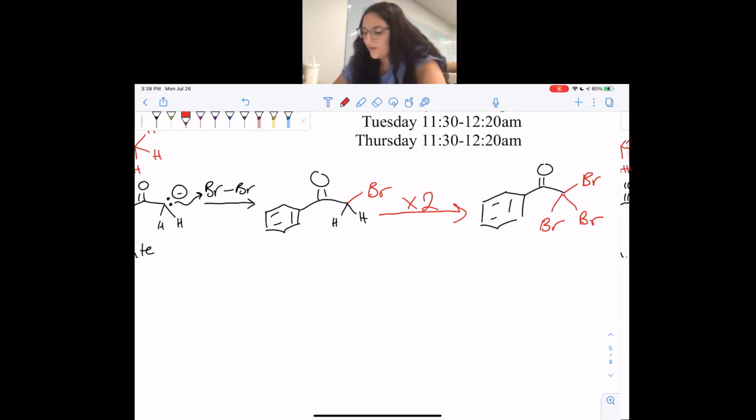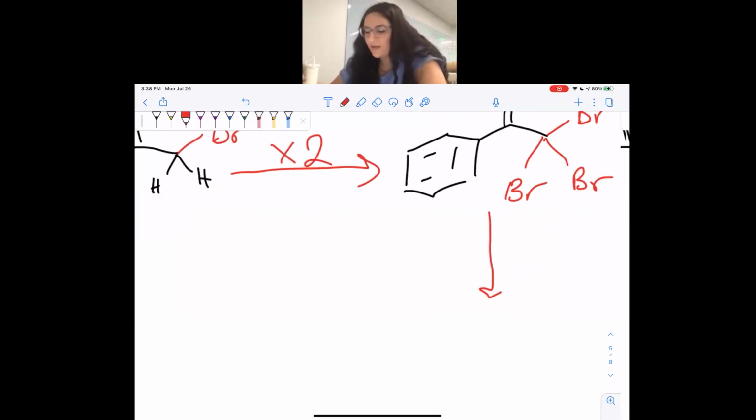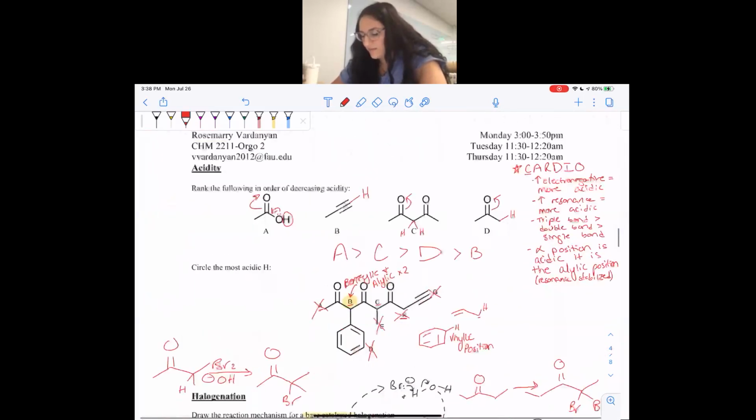So let's see what we possibly have left in solution, right? We have an excess of this. We have more Br2, but the Br2 is not really useful. This OH minus, though, could be useful.